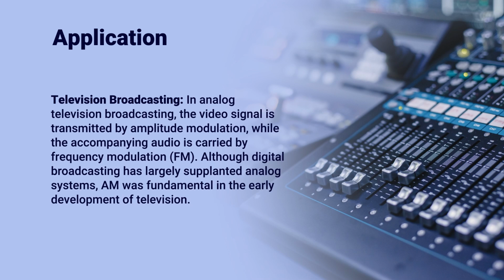Now, next application is television broadcasting. The video signal is transmitted by amplitude modulation, while the accompanying audio is carried by frequency modulation. Although digital broadcasting has largely supplanted analog systems, AM was fundamental in the early development of television.